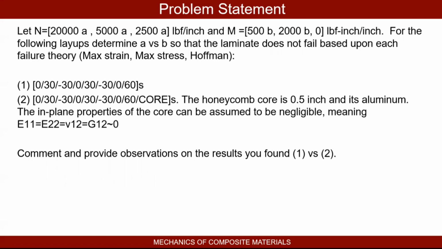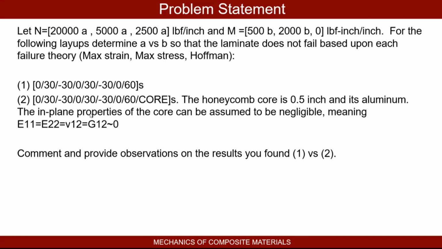It's important to consider units in this application as opposed to a direct force on the edge of the laminate. This will be in line load, and as this is a moment resultant, so moment per inch. And then same thing for moment. We'll have the B variable to be able to vary this tensor.